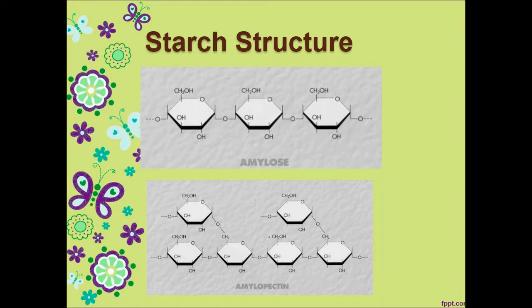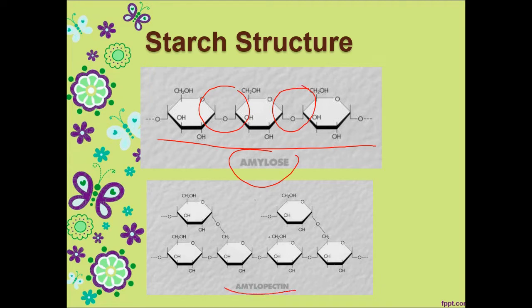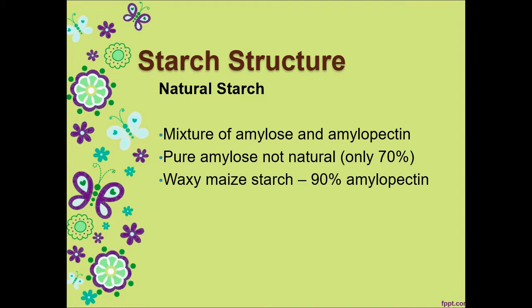So we have covered these two different structures of starch. Amylose is a straight chain of glucose monomers linked by alpha 1 to 4 glycosidic link, whereas amylopectin is a straight chain as well as branching at alpha 1 to 6 glycosidic link. Unlike monosaccharides and disaccharides, which are very soluble in water, starch does not form a true solution, but only forms a temporary suspension when stirred in water.